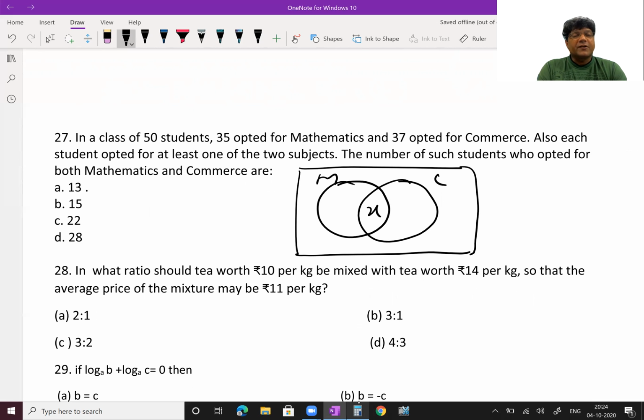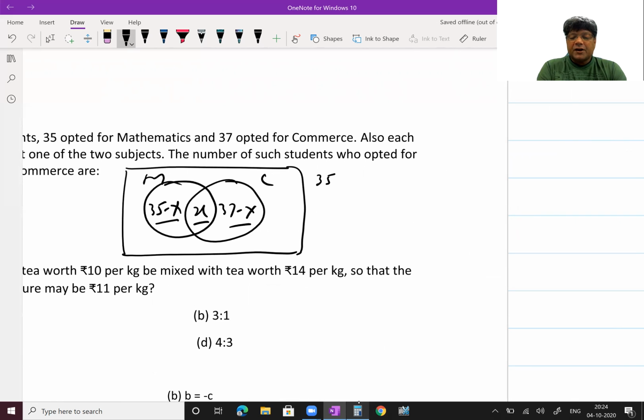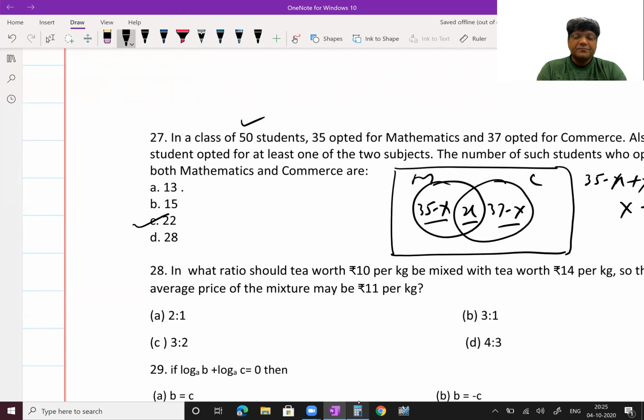Both opted, we don't know, we are supposing X. Total mathematics 35, so obviously it will be 35 minus X. Total commerce 37, so obviously the remaining is 37 minus X. All these three added together is total 50. So 35 minus X plus 37 minus X plus X is equal to 50. X is gone. So X is equal to 72 minus 50, which is 22. Your X is equal to 22.